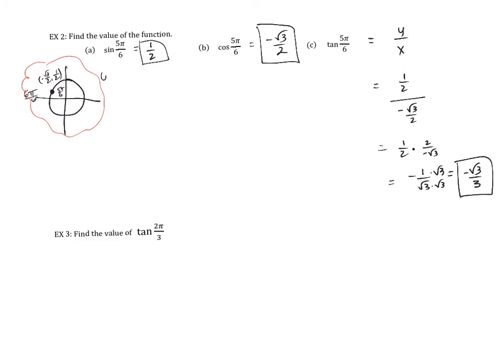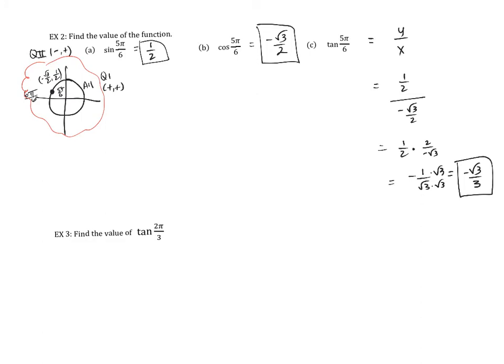Notice in quadrant 1, we have a positive x, positive y. So tangent, sine, all of the trig functions are going to be positive. Now over here in quadrant 2, the x is negative, so we have a negative x, a positive y.